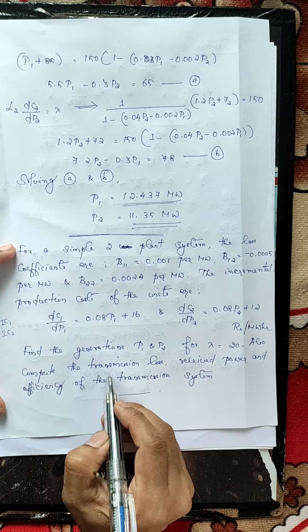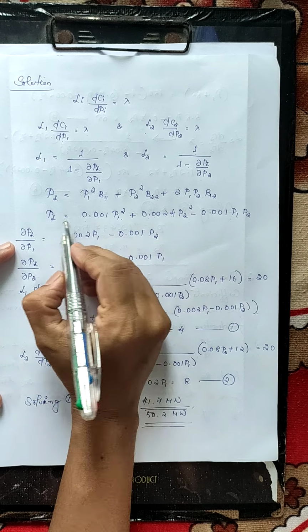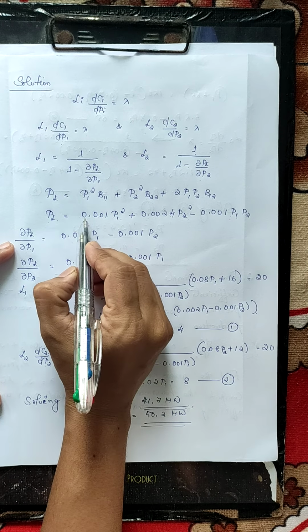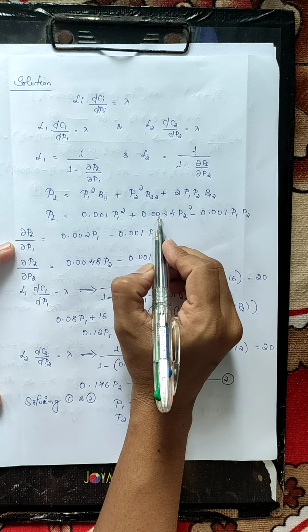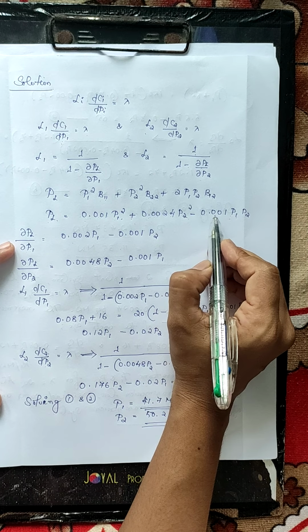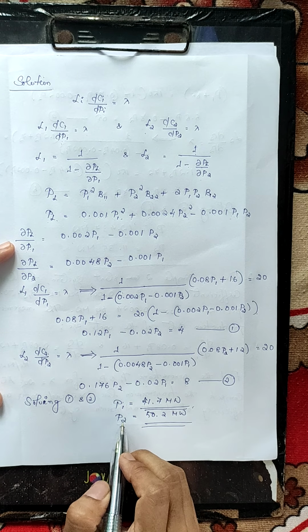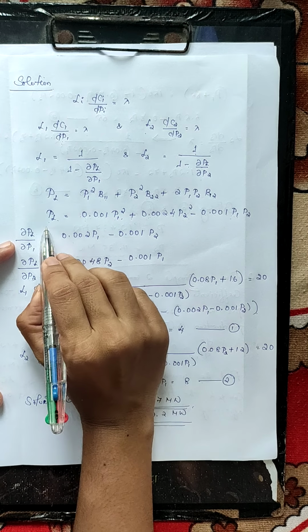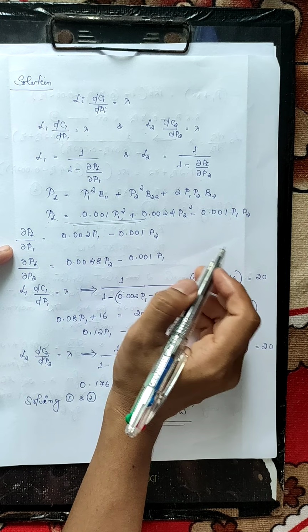So we have to calculate the transmission loss. So we know the equation for transmission loss: 0.001 P1 square plus 0.0024 P2 square minus 0.001 P1 P2. So now we got the values of P1 and P2. On substituting P1 and P2 in this equation, we can calculate the transmission loss.